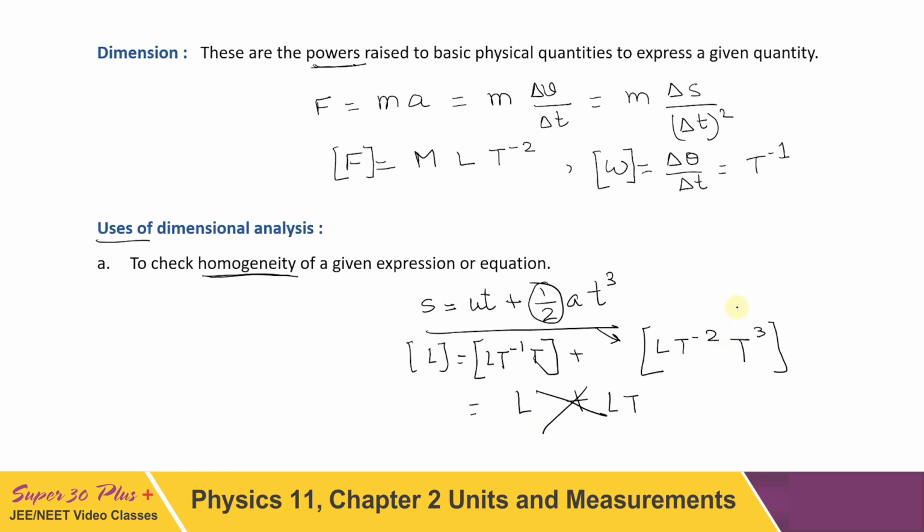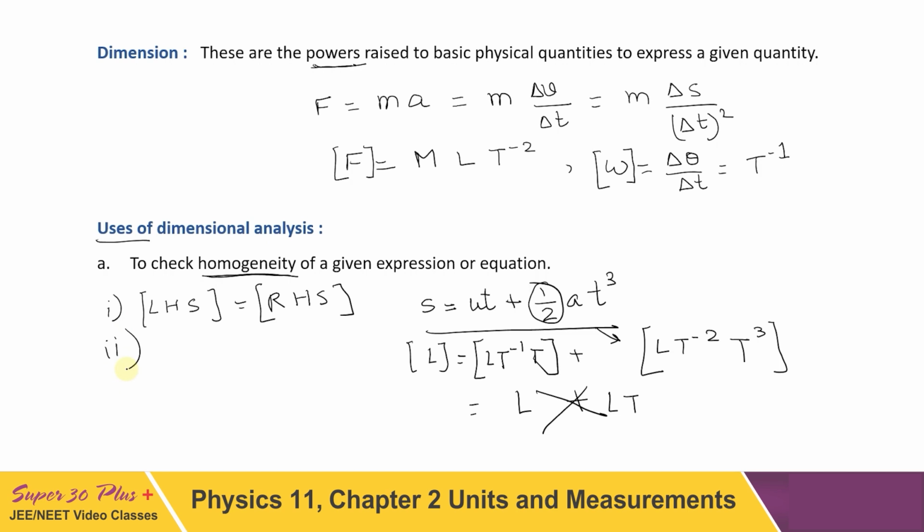Now we have to see what are the things we have to check while checking the homogeneity of an equation. The first thing is that the left hand side should have the same dimension as the right hand side. Both sides of an expression must have the same dimension. The second thing is, if a term is appearing as a power, it has to be dimensionless. Similarly, if a term is appearing in a trigonometrical term, then it has to be dimensionless.